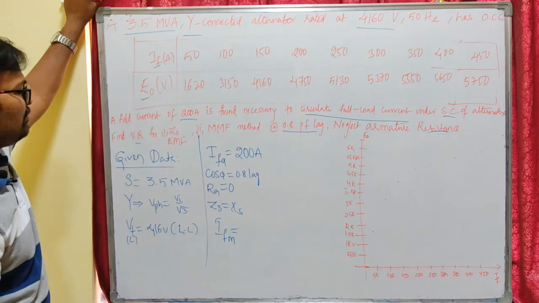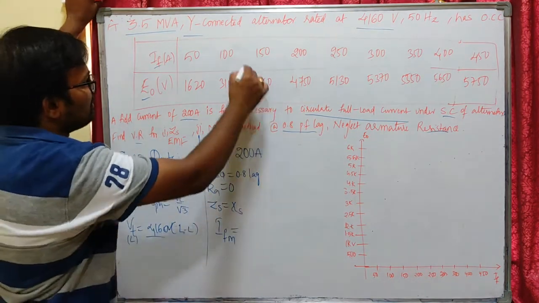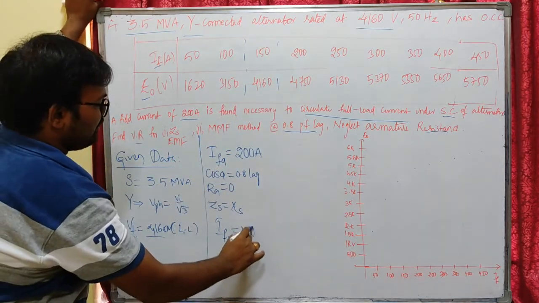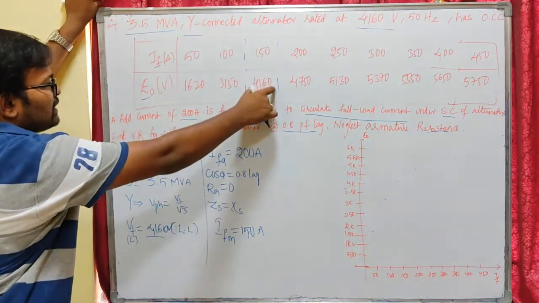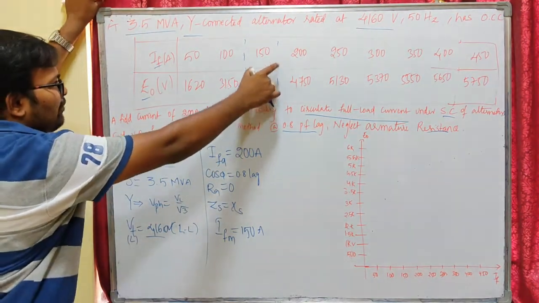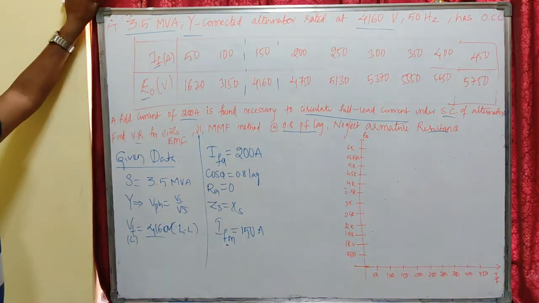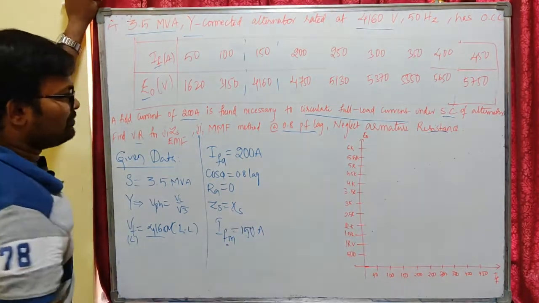Okay, the rated terminal voltage is 4160 volts. So for 4160 the rated field current is 150 here. That means this is our IFM, 150 amperes. I hope you understand. From the given OCC data, the rated terminal voltage will be obtained at a field current of 150, that is called IFM, the field current to get rated terminal voltage under open circuit condition.